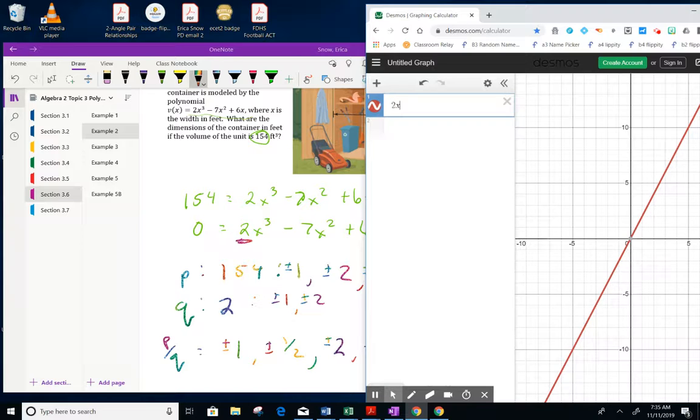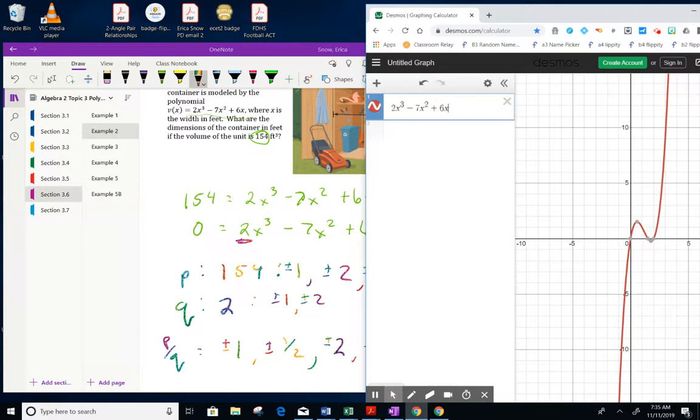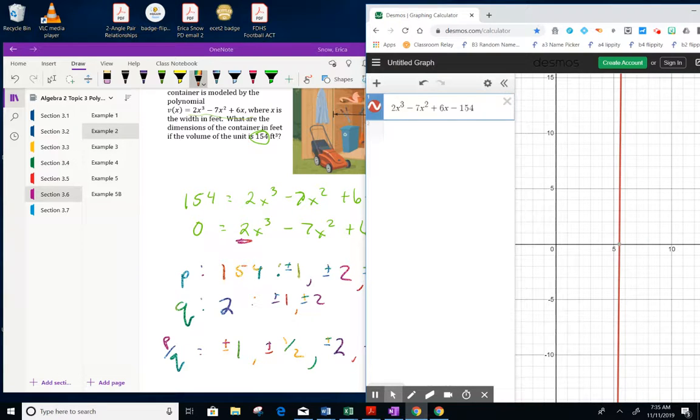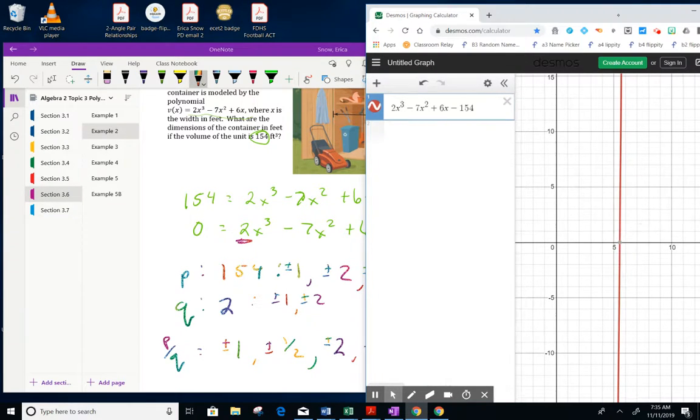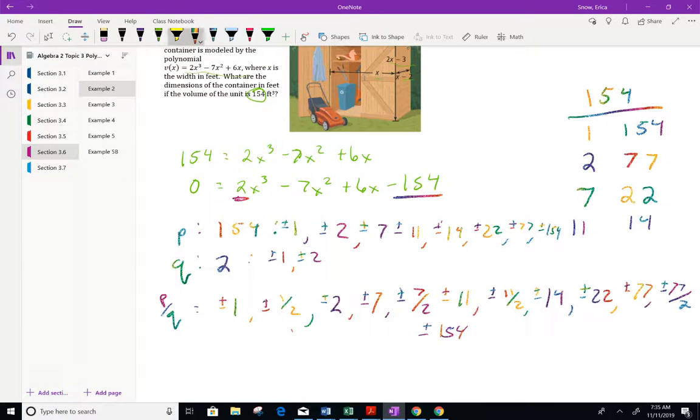And the easiest way to do this is to now look at what our actual 0 is. So our actual 0 is 5.5. And 5.5 is the same as 11/2.